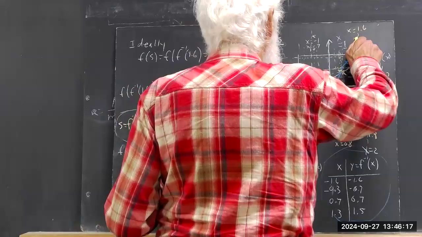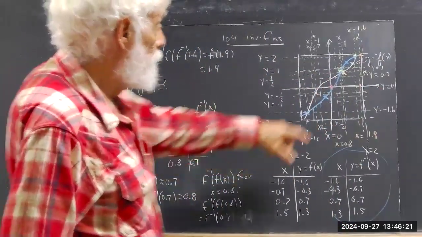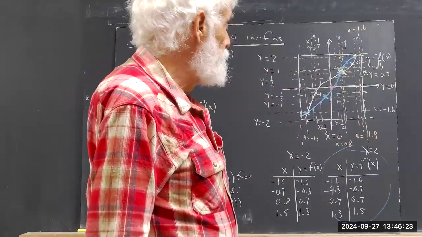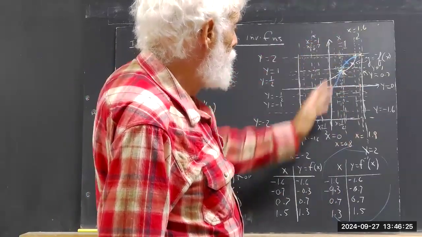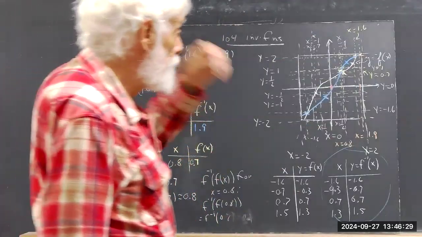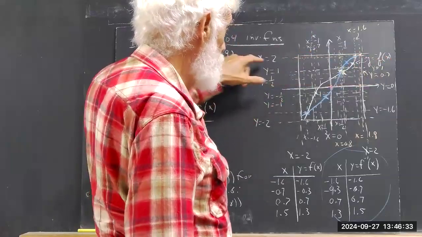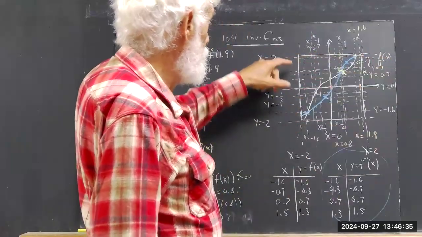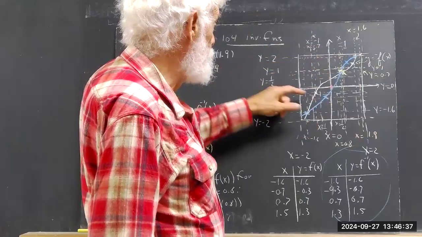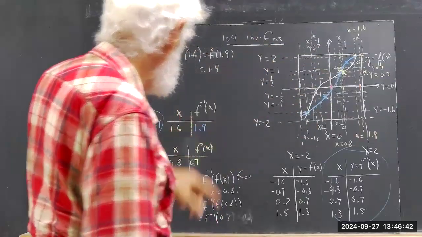Okay, this actually looks pretty good. So the line x equals 1.6. We see where that line intersects the blue graph, which is the graph of the inverse function. That's going to be at this point, and we then draw the horizontal line through that point and estimate y. It's between 1 and 2, pretty close to 2, so we estimate 1.9.